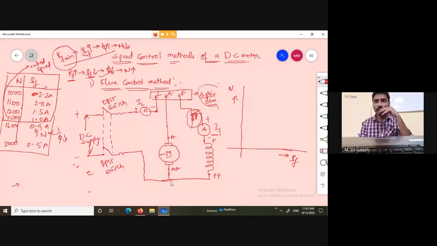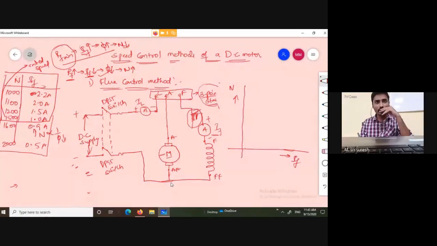So we will get an inverse relationship. At lower values, you can see 0.5, suppose I am indicating here 0.5 amperes, 2000 rpm is the maximum. This is 2000 rpm. Both points intersect here.